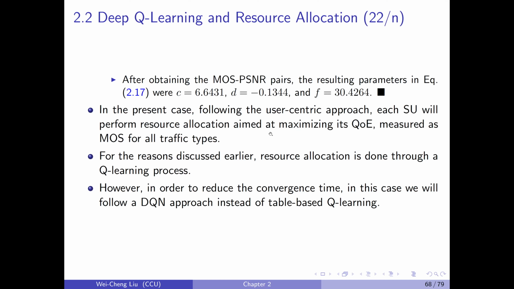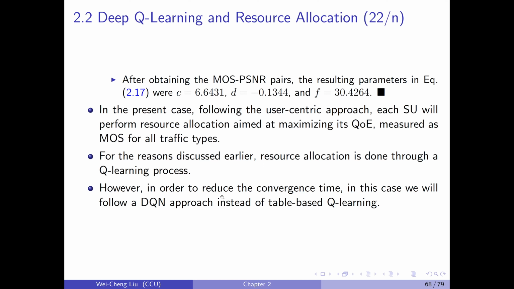What does aimed at mean? It means that we take maximizing QoE as our goal, or purpose, measured as MOS for all traffic types. For the reasons discussed earlier, resource allocation is done through a Q-learning process.